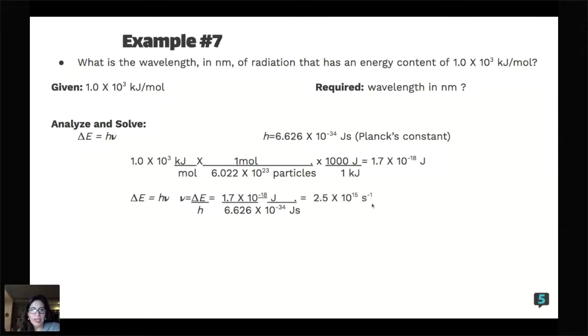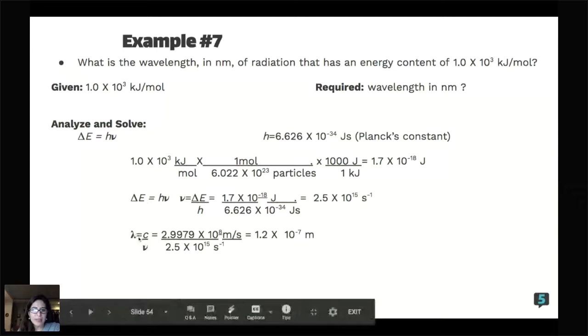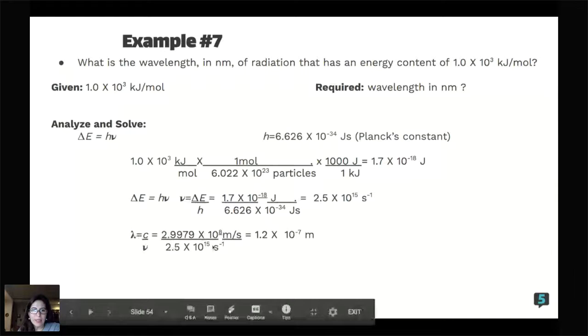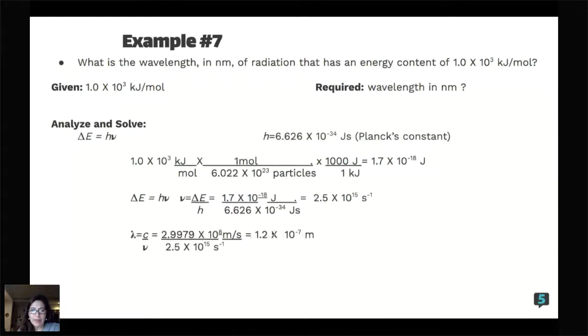So we need to change frequency to wavelength using this formula. We get the speed of light divided by the frequency that we got above, and now we have the wavelength in meters. Again, we must multiply times the factor of 10 to the power of 9 to change meters to nanometers.